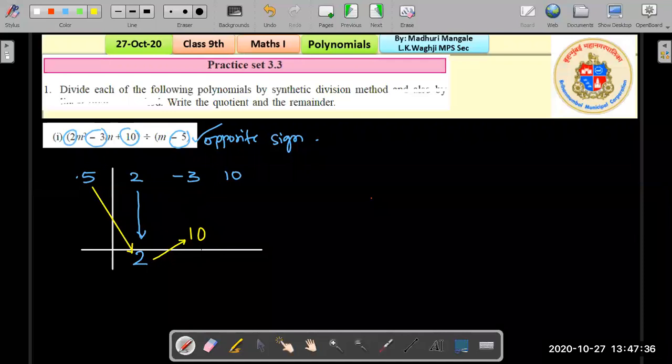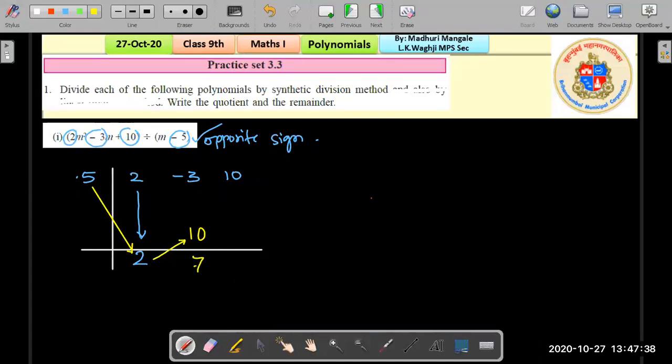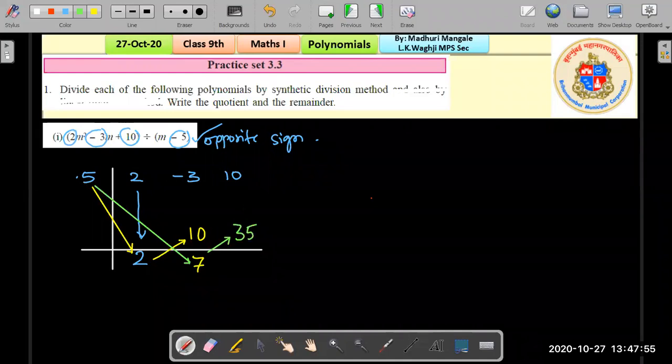Minus 3 plus 10 will give us a 7, right? What is the next step? We multiply this 5 again with the next number, that is 7. So 5 times 7 is 35. So we write 35 over here, and then again combining the columns, that would give us a 45 over here.